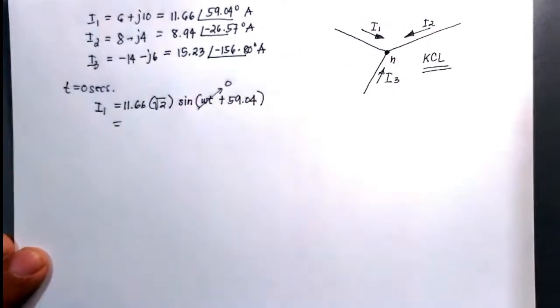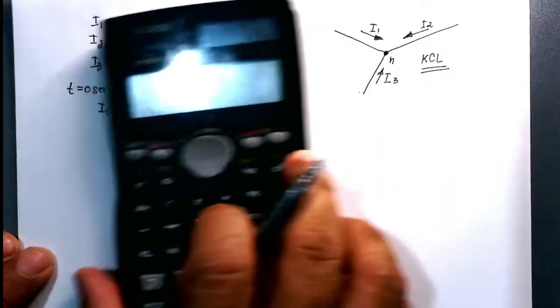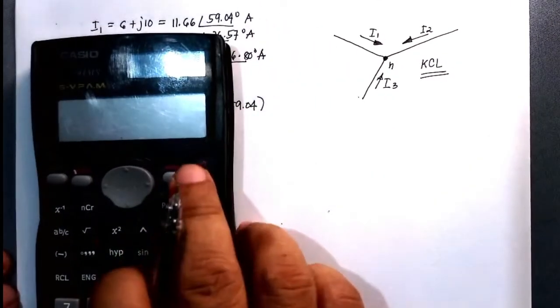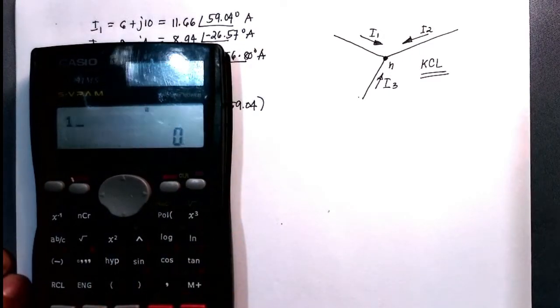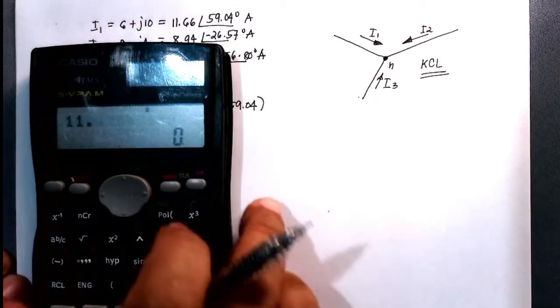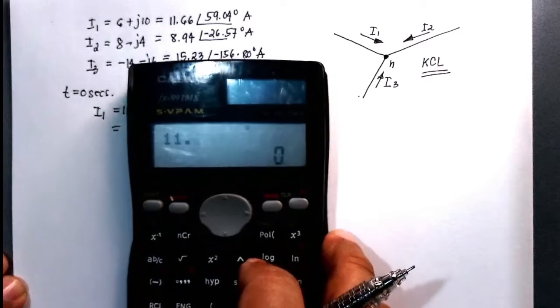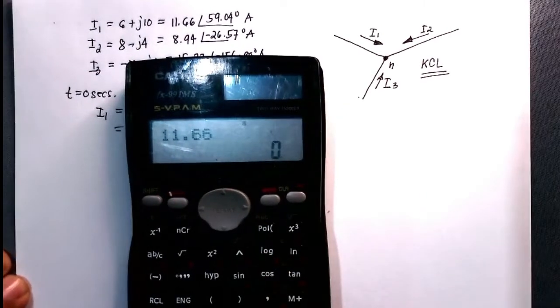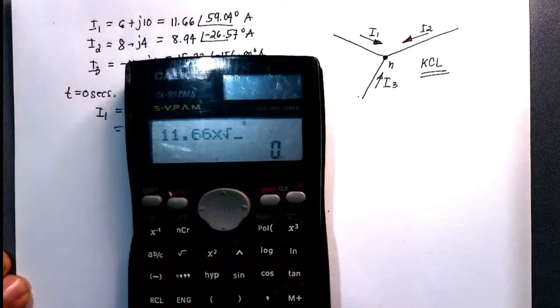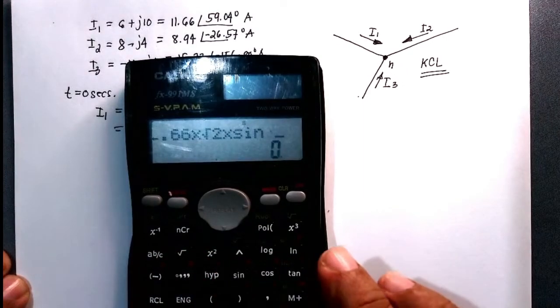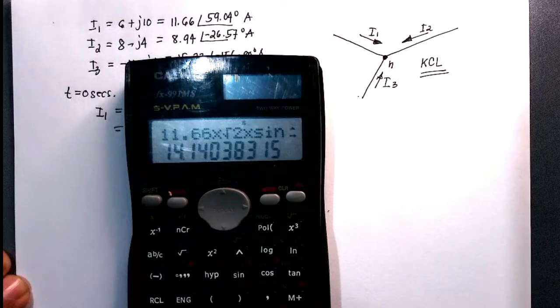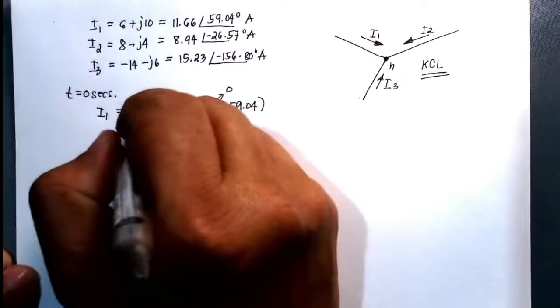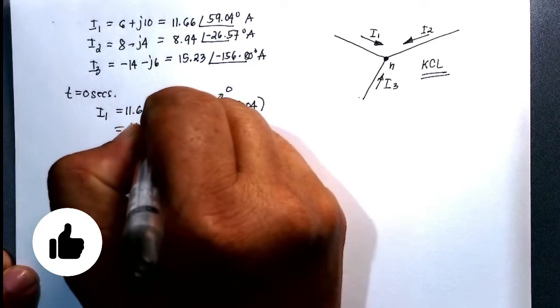Now if you get your calculator, hope you see my calculator, you have 11.66 times square root of 2 times sine 59.04, equals 14.14. So the I1 is 14.14 ampere.